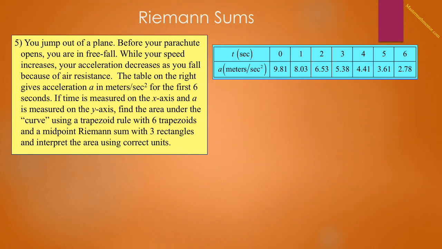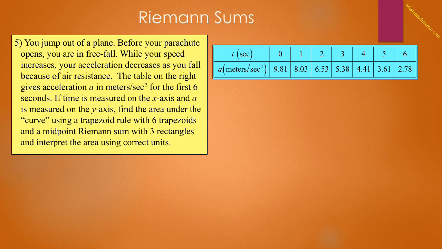Number 5 reads, you jump out of a plane. Before your parachute opens, you are in free fall. While your speed increases, your acceleration decreases as you fall because of air resistance. The table on the right gives acceleration A in meters per second squared for the first 6 seconds.